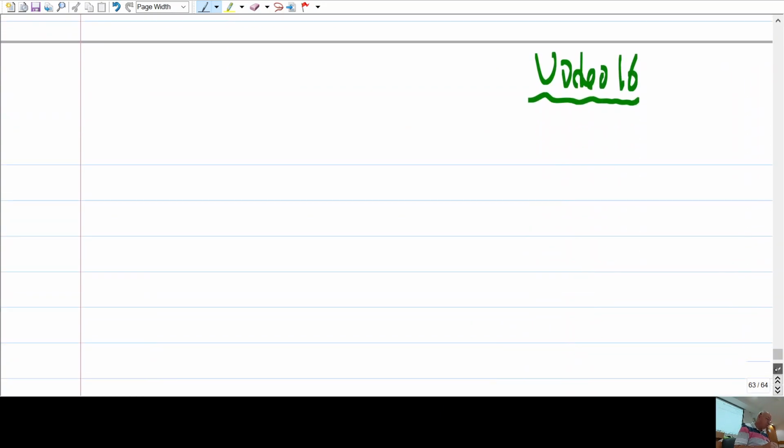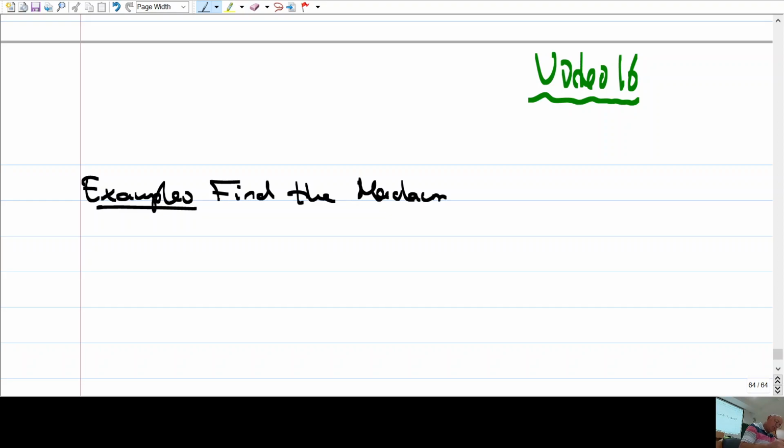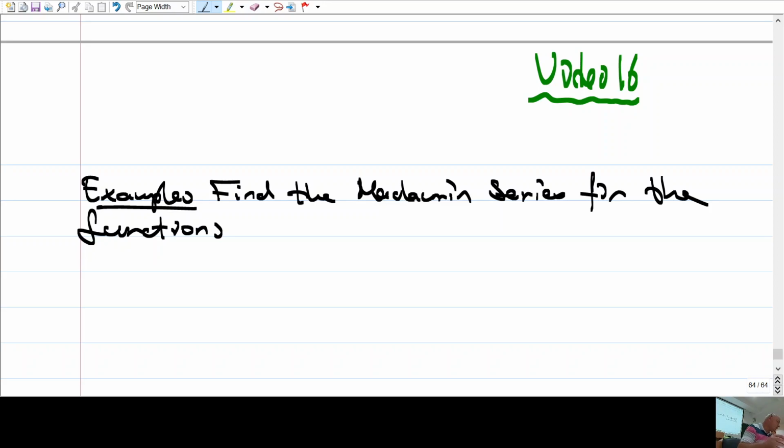Now I'll continue with some other examples of Maclaurin series. Okay, so examples. Find the Maclaurin series for the functions sine x and cosine x.